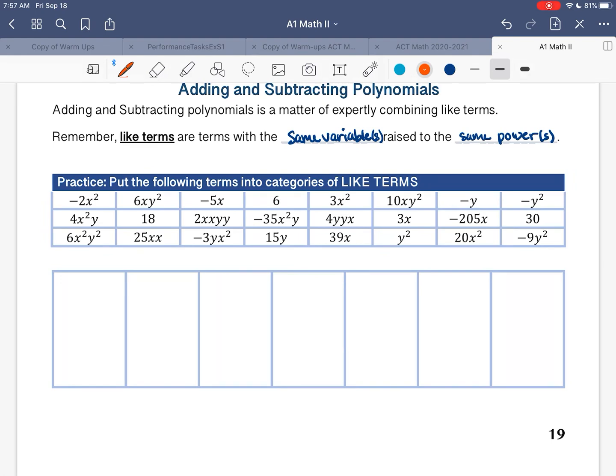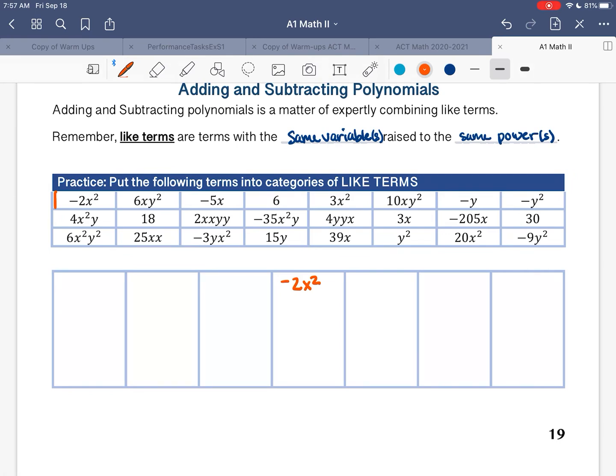The notes below this video should have the rest of them in case you're curious, but I would actually prefer if you tried this on your own first. So I'm going to start with this term right here, negative 2x squared. That's the term that I just put in there. And I'm going to look for all of the like terms in here.